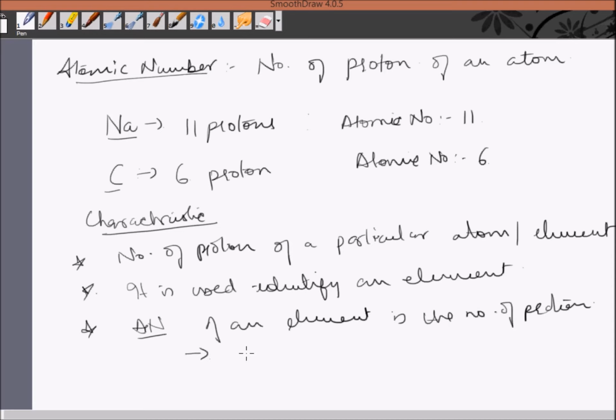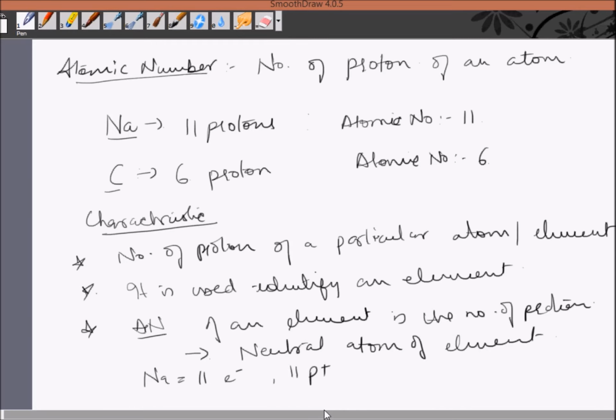But it should be noted that this is for a neutral atom of an element, right? For example, one neutral atom of sodium contains 11 electrons and 11 protons. So the atomic number of sodium is 11.